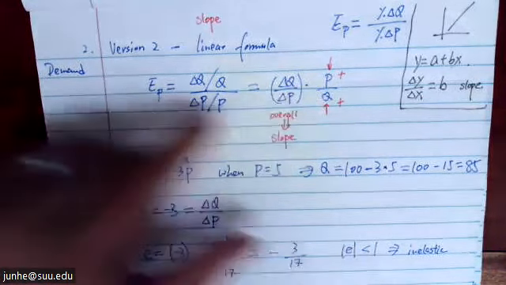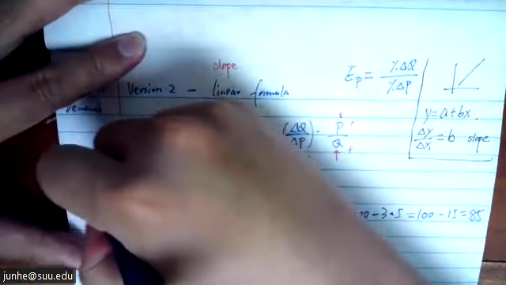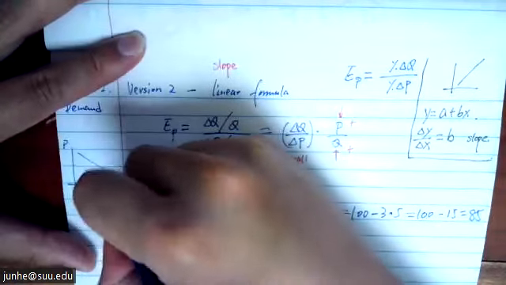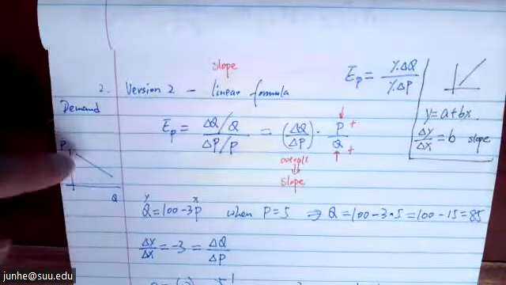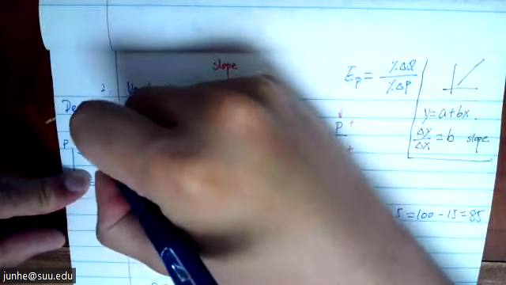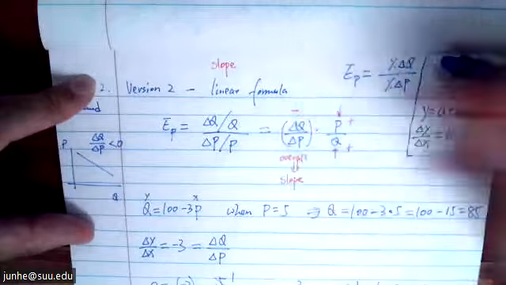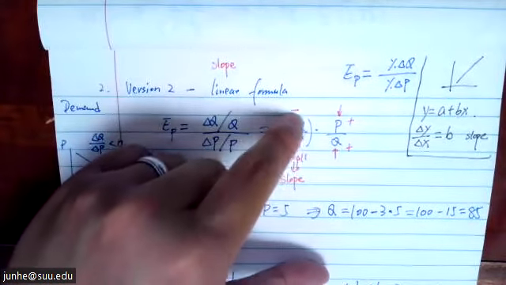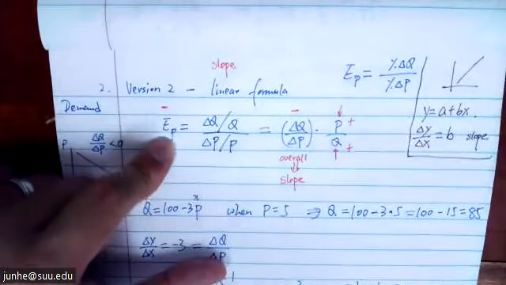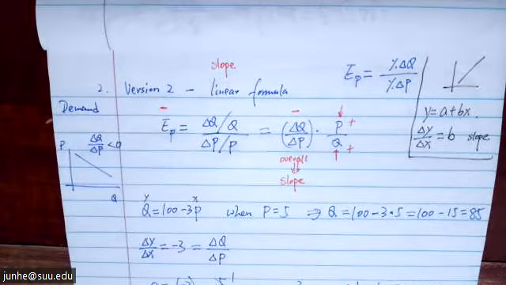In the case of demand, we have P and Q changing in the opposite direction, the law of demand, right? In that case, your delta Q over delta P should be of a negative sign. Then these two terms are positive and multiplied by a negative, so for price elasticity of demand we have a negative sign.